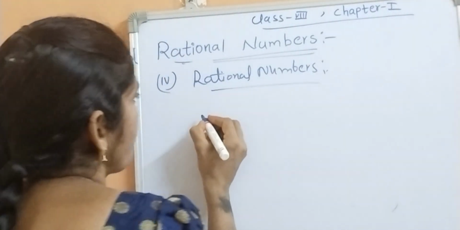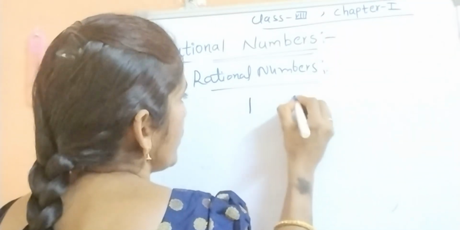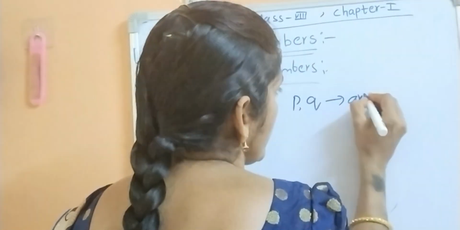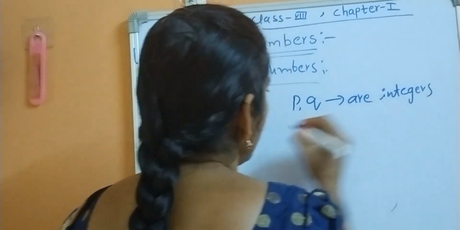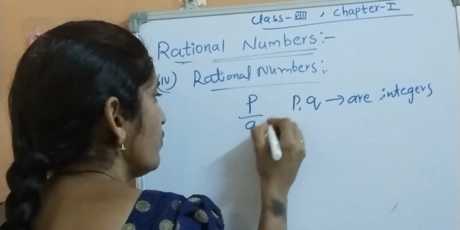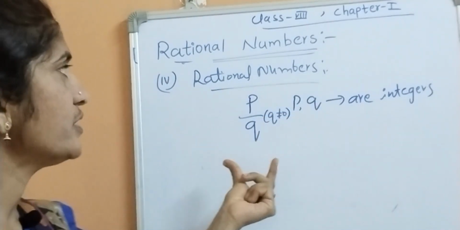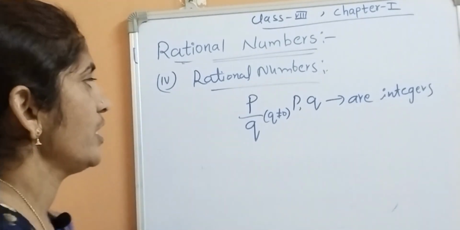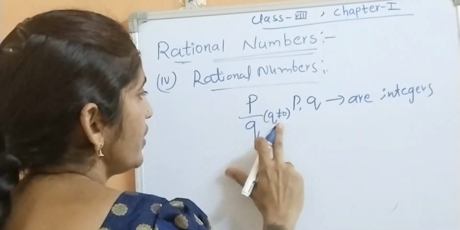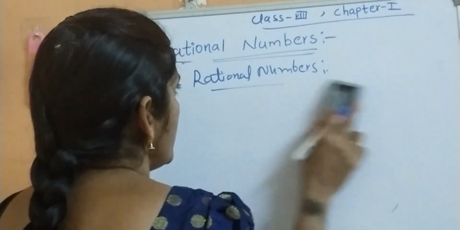If P, Q are integers, then P by Q, where Q not equal to 0, these type of numbers are called rational numbers. We can't forget Q not equal to 0.